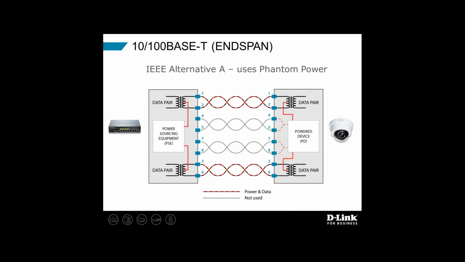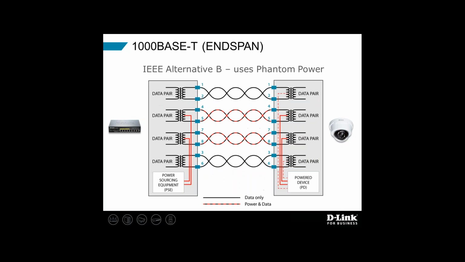And it's pretty neat because they don't know about each other, they don't influence each other, they don't impact each other. It's done using a technique called phantom power. The details of phantom power are a little beyond the scope of today's discussion. Just suffice it to say you've got both power and data riding on those conductors, and they don't impact each other. So again, with 10/100 alternative A, everything's happening on 1, 2 and 3, 6. 4, 5, 7, 8 are still unused.